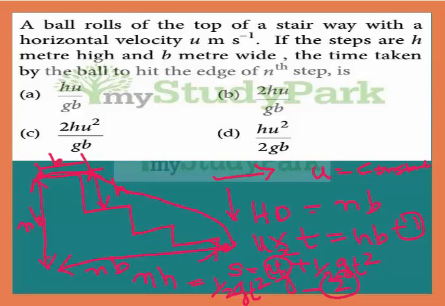So you have 2hu by gb, which is the answer that you have here.